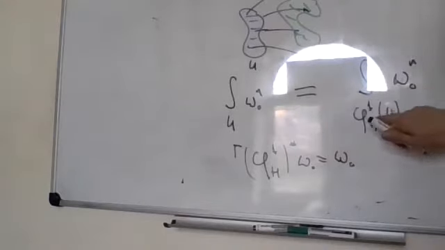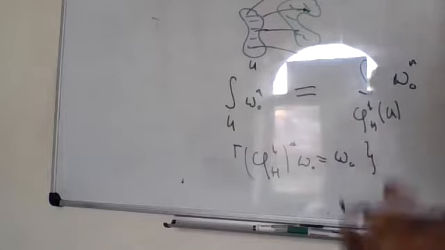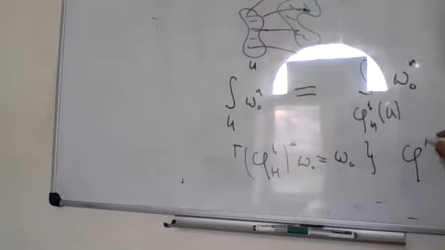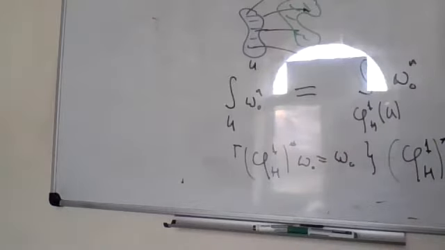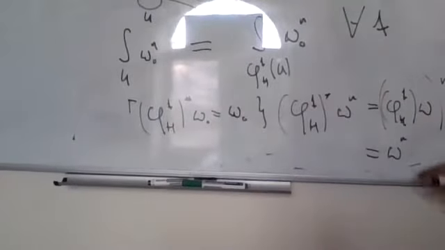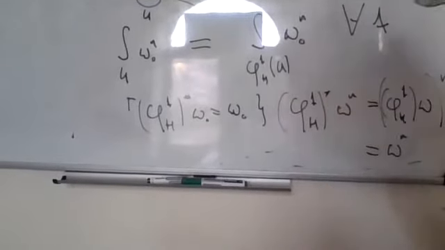Now, pullback commutes with wedge, so the pullback of omega to the n is the pullback of omega, to the n. And this we know is omega to the n, because of what we saw before: if you are Hamiltonian, you are symplectic, right? Fine. And now it's just change of variables in integrals.